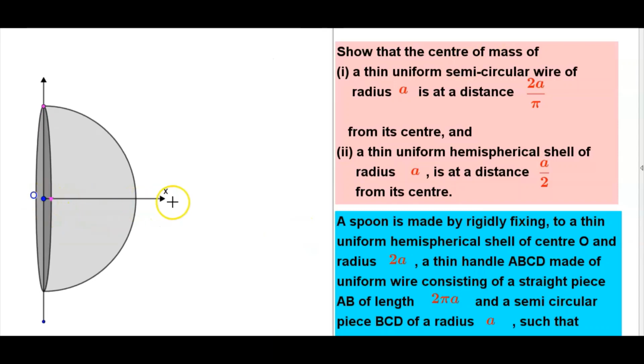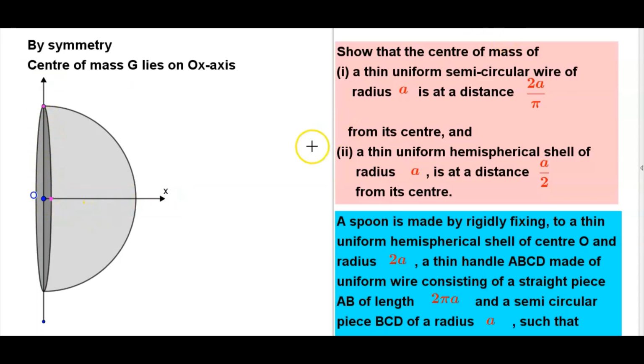This is the x-axis through O, horizontal. This is the y-axis. By symmetry, the center of mass G lies on the OX axis. It is obvious that the center of mass lies along this OX axis. OG is equal to x bar, let's say.